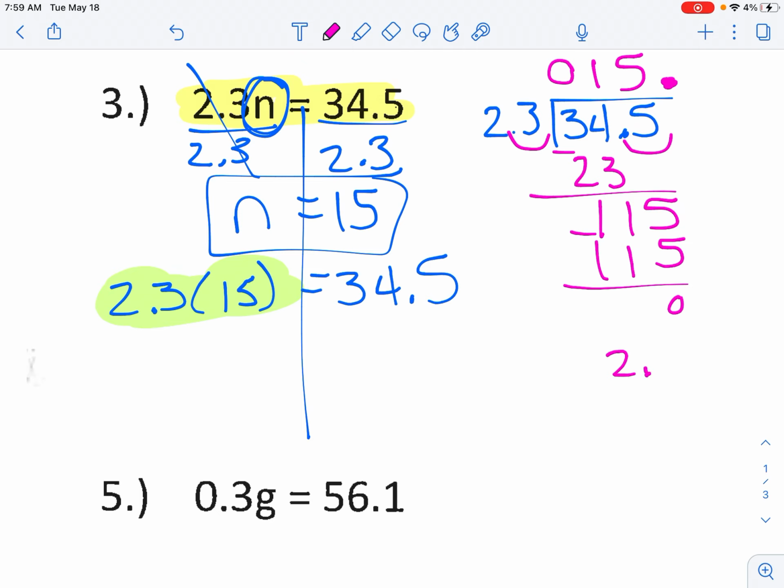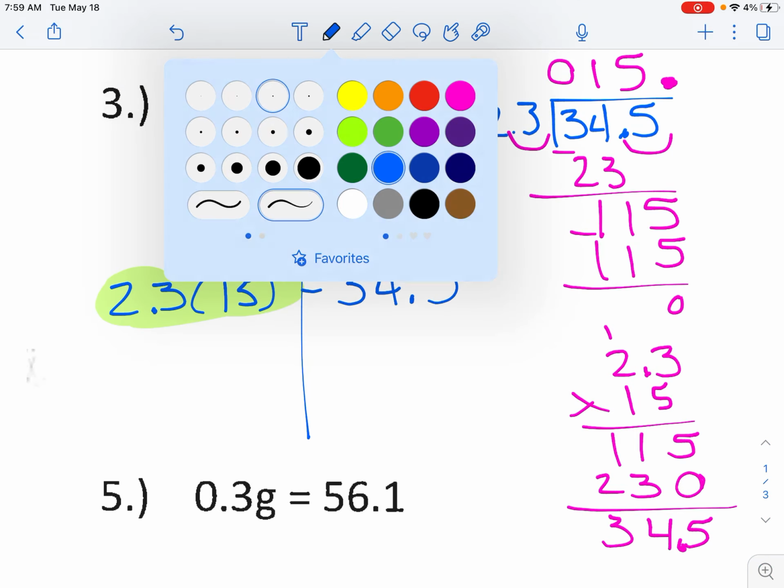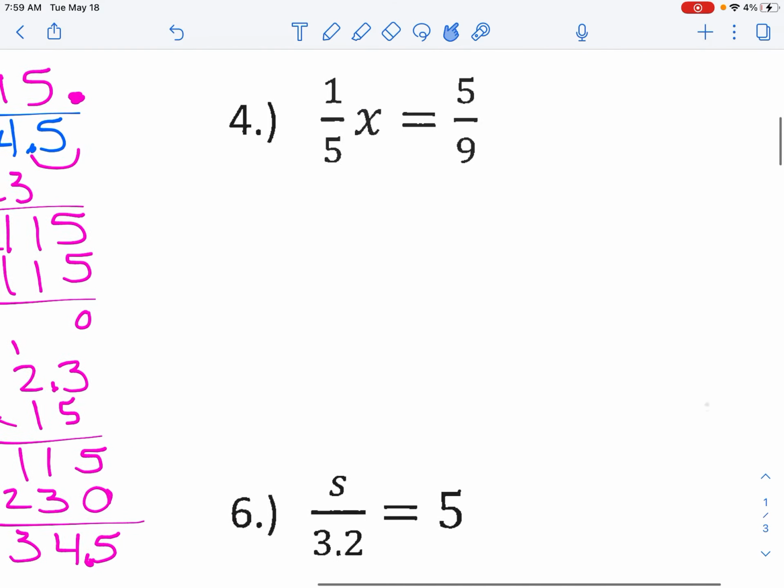So now I'm going to multiply 2 3/10 times 15. And I got 34 5/10. So 34 5/10 equals 34 5/10. Check. And my equation has 4 lines. I showed all my work.